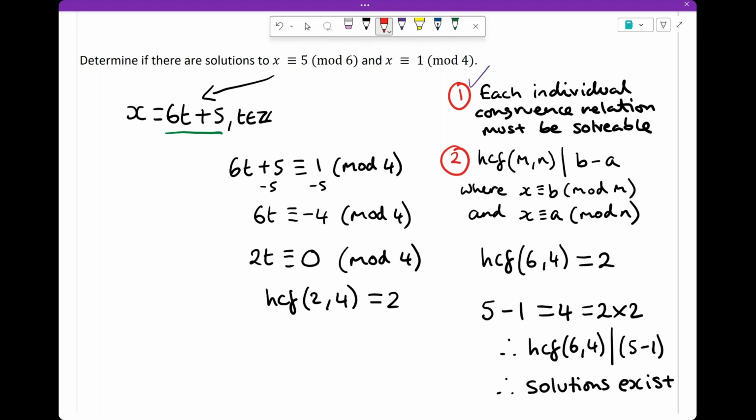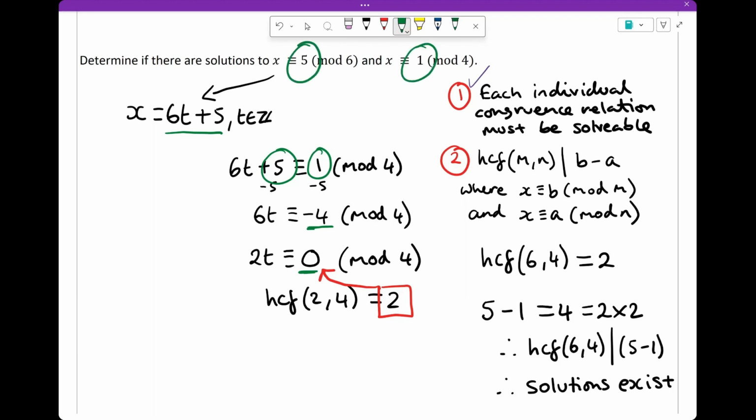What we'd do next is, because this value is not 1, check if it's a factor of the 0. However, this step is also redundant in this case, because the 0 is just a simplified version of the negative 4. And the negative 4 came from the 1 subtract this 5, and that 1 and 5 came from the initial congruences.